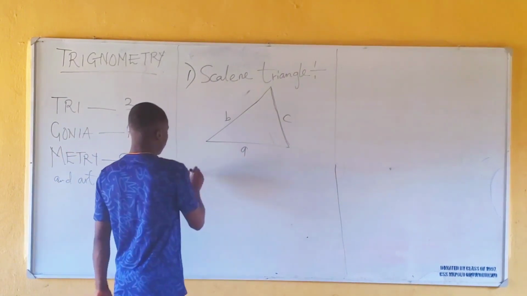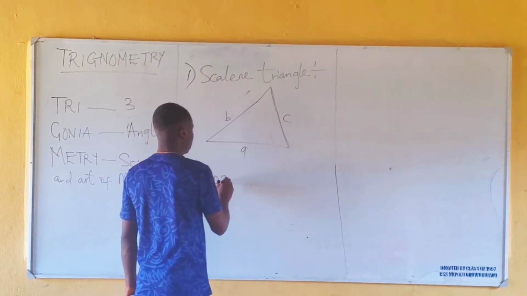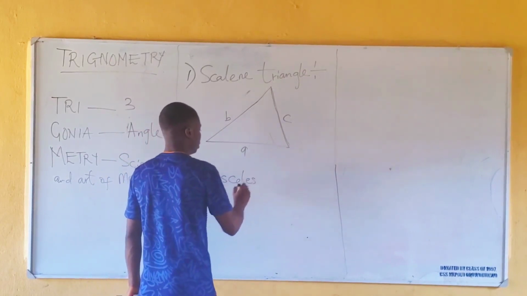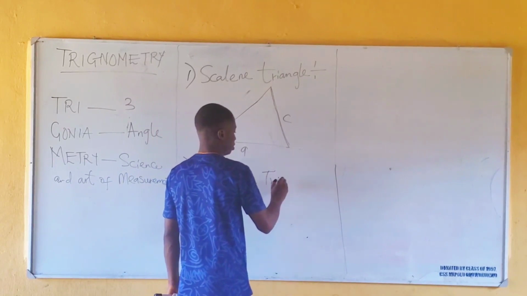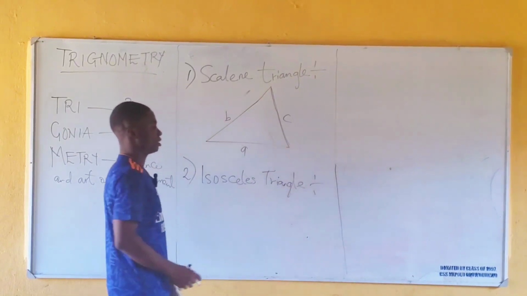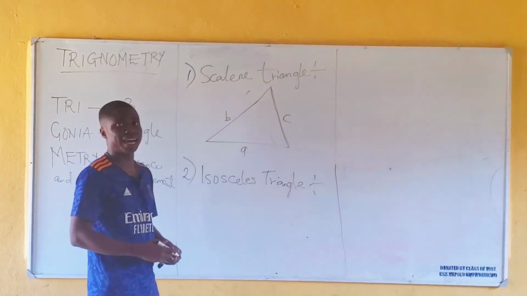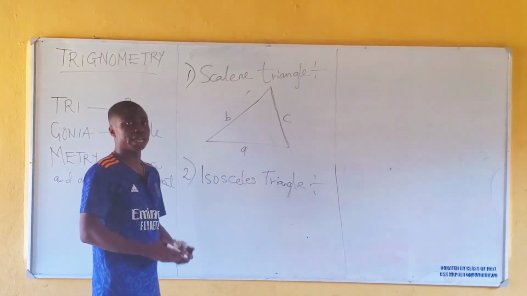And then two, we have isosceles triangle. What then is an isosceles triangle? An isosceles triangle is a triangle that has only two equal sides.